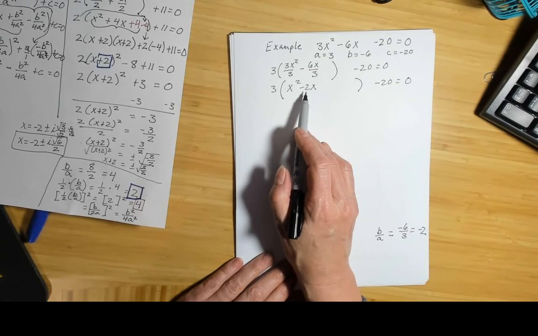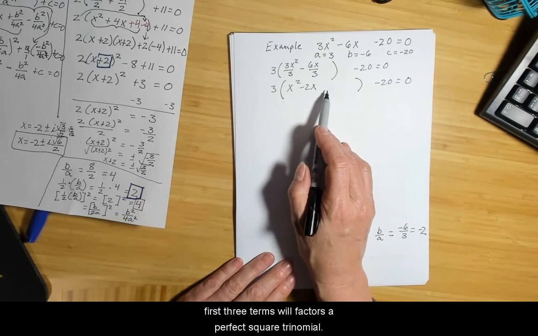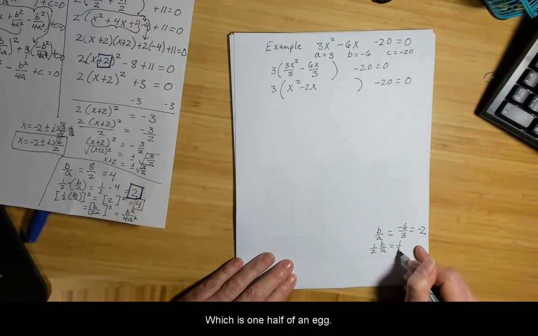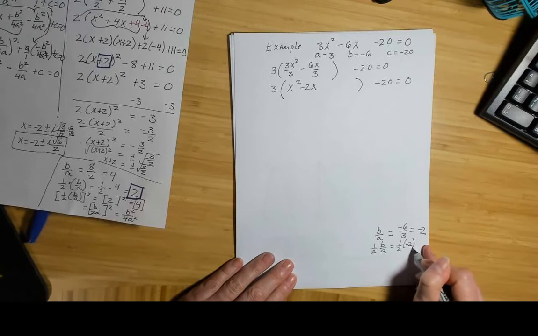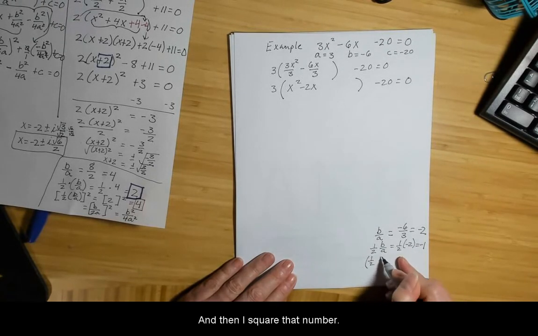Step 2, we need to find the perfect number to add so that the first 3 terms will factor as a perfect square trinomial. So we take half of the number we just got, which is 1/2 of a negative 2, which is a negative 1, and then I square that number.